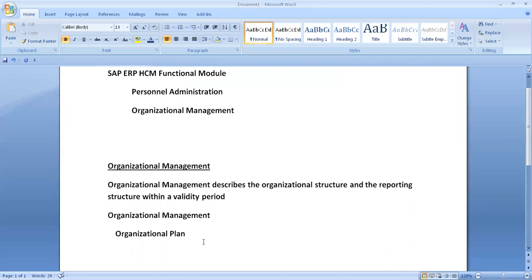Within the organizational plan, we are maintaining this organizational structure.